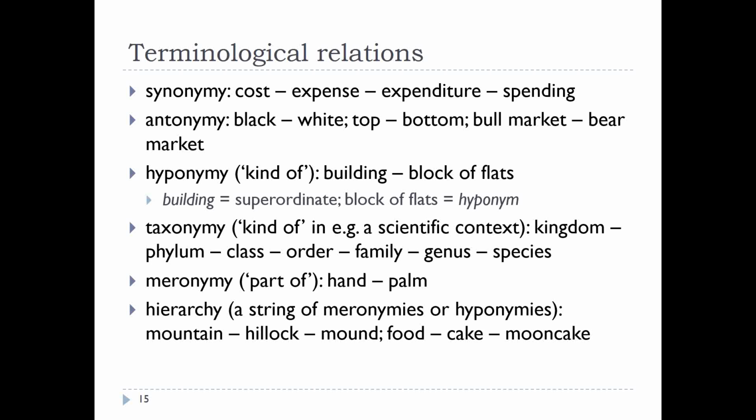So we have a mountain, then a hillock, then a mound of decreasing size. And then we have food and cake as a type of food, and then a mooncake, I suppose seasonally appropriate at this time of year. A mooncake is a type of cake.